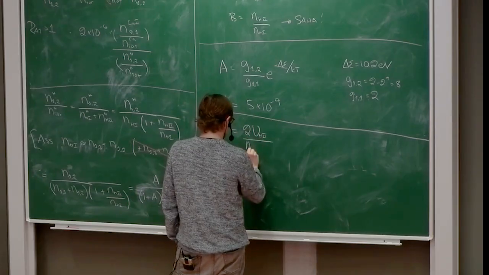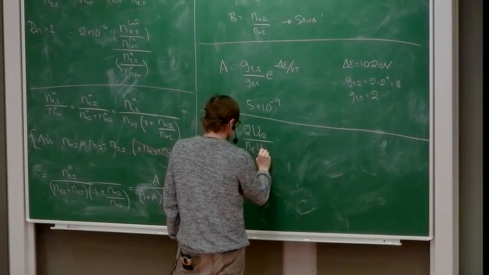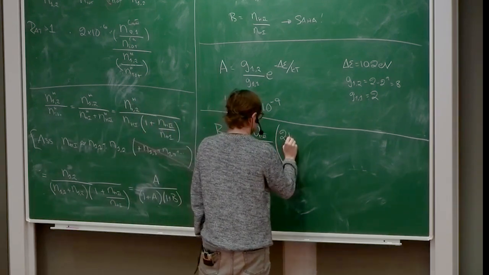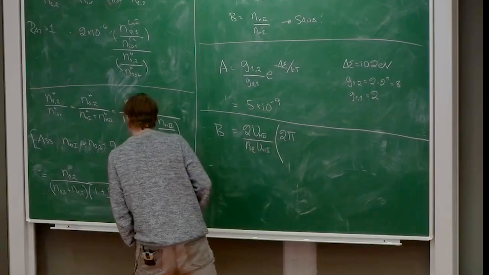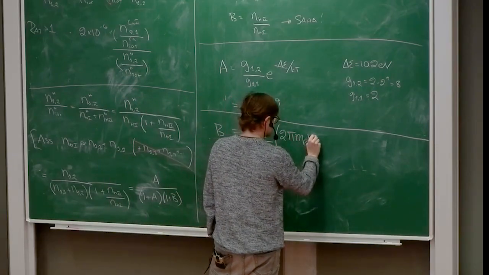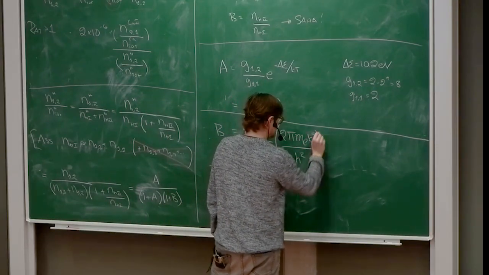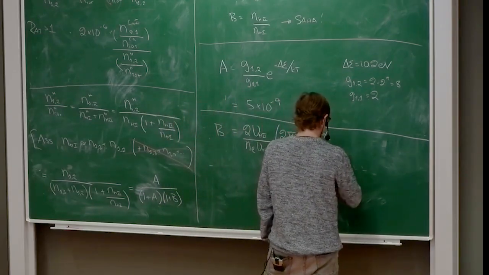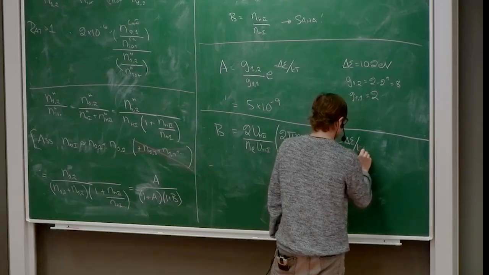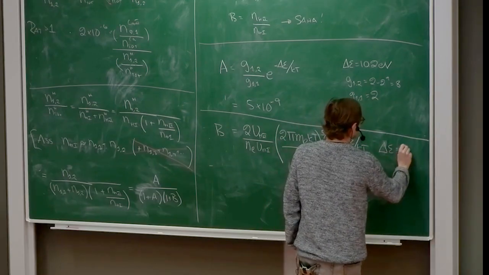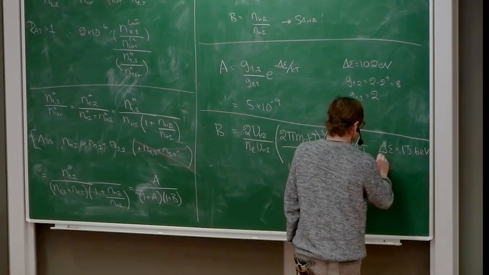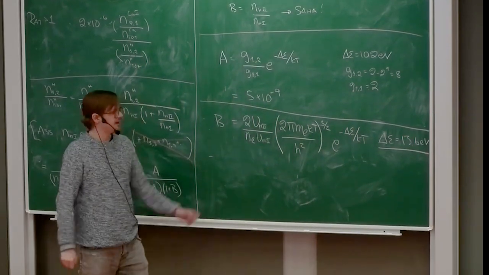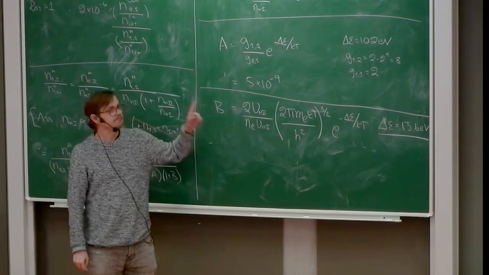N_H2 divided by the number density of electrons, N_H1, and then remember we had this thing in the parenthesis, which was essentially 2 pi m_e kT divided by h squared to the 3/2, and then e to the minus delta E over kT, where important delta E now is the ionization energy, of course. It's 13.6 electron volt. But since we were given the number density, yes?